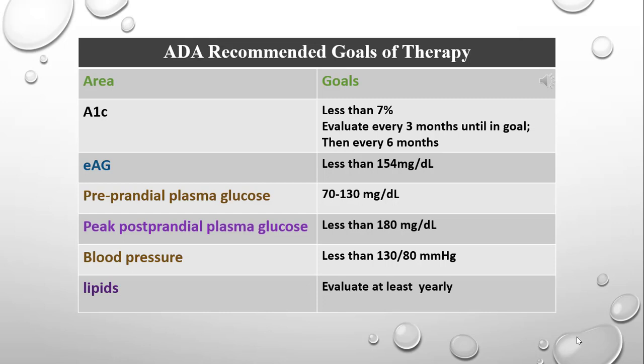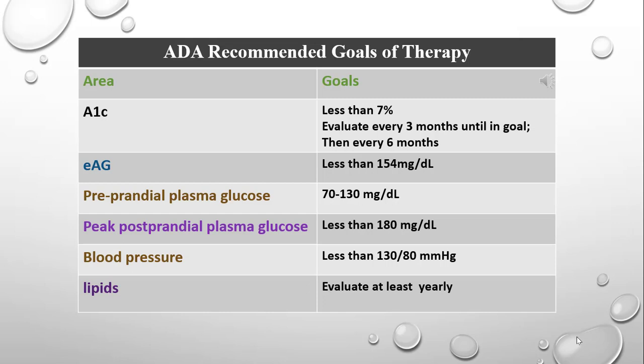ADA recommends goals of therapy by analyzing the following parameters. The first one is A1C value. It should be less than 7% and evaluated after 3 months until the goal is achieved. And then if the goal is achieved, it should be retested every 6 months.